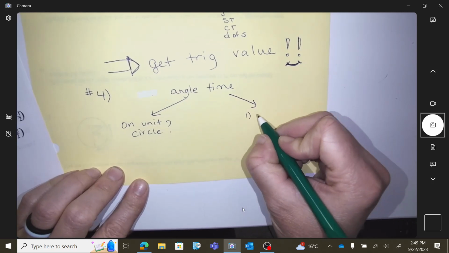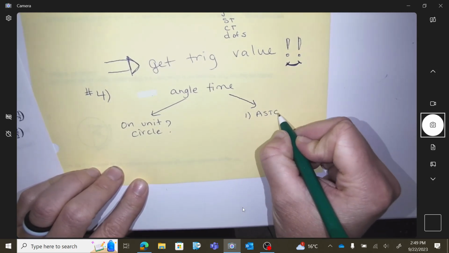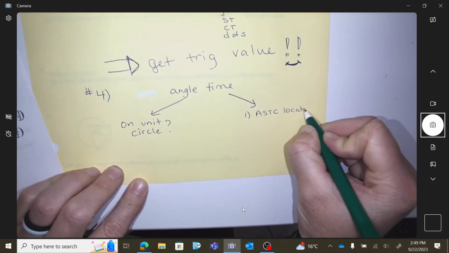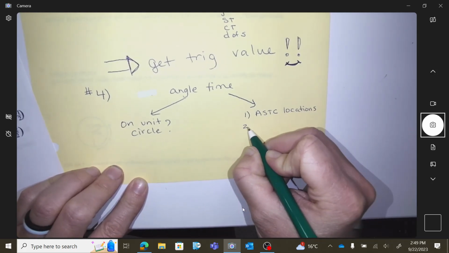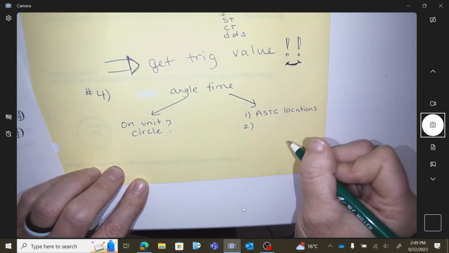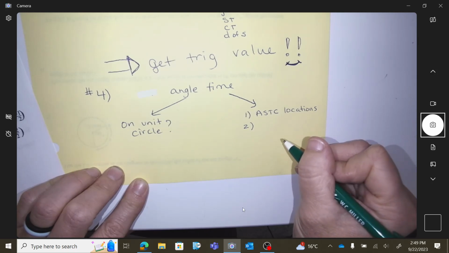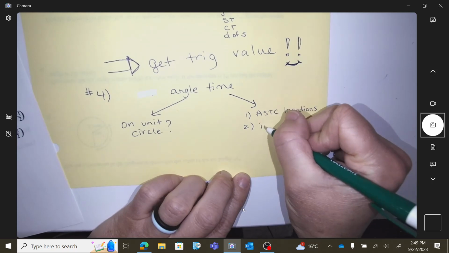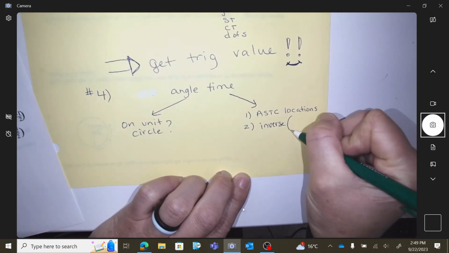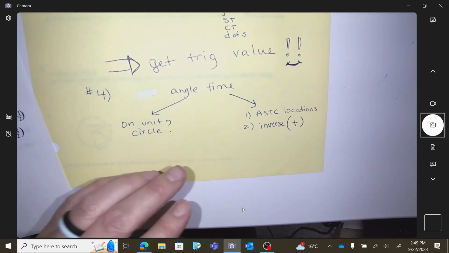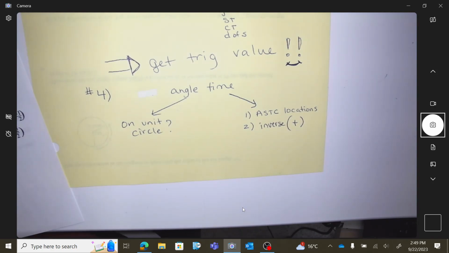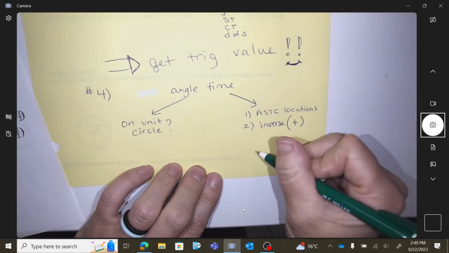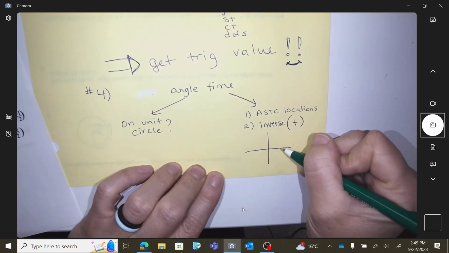You would astica locate. You would do an inverse, right? And then you would do your final.